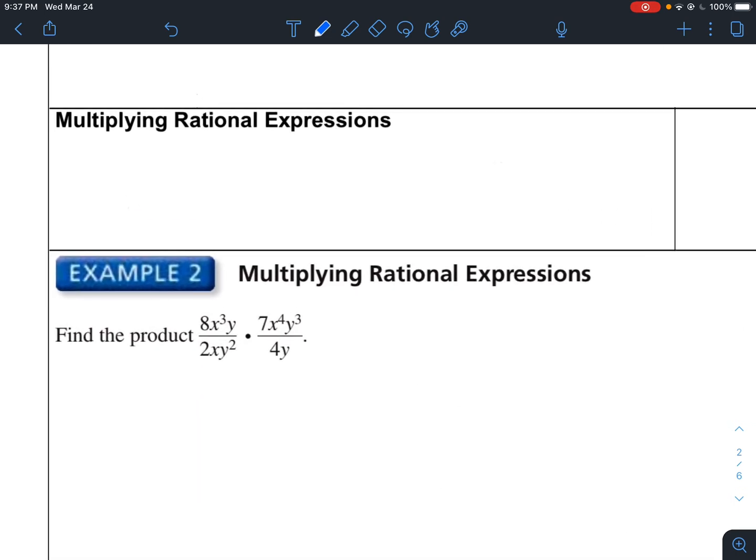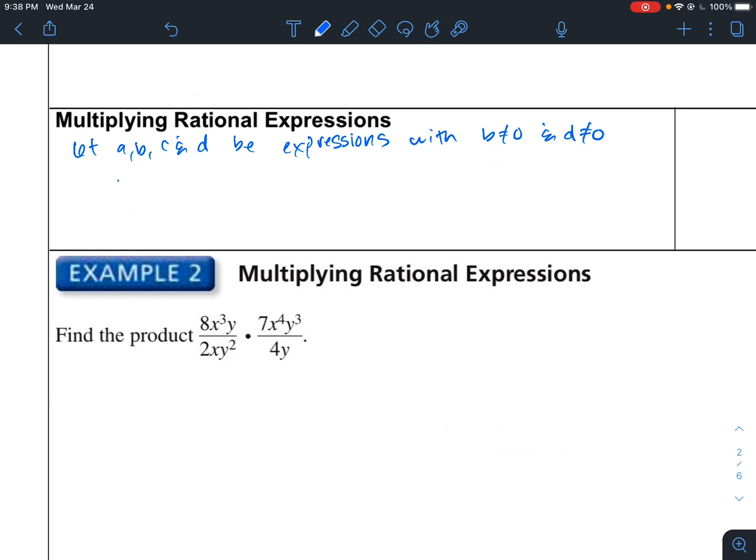So to multiply rational expressions, let A, B, C, and D be expressions with B not equal to 0 and D not equal to 0.